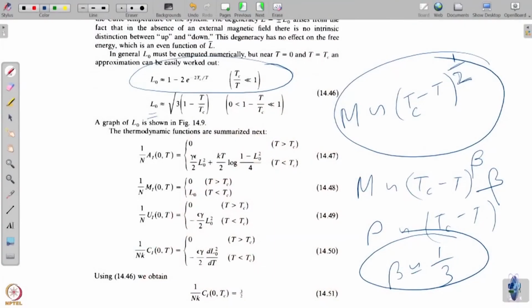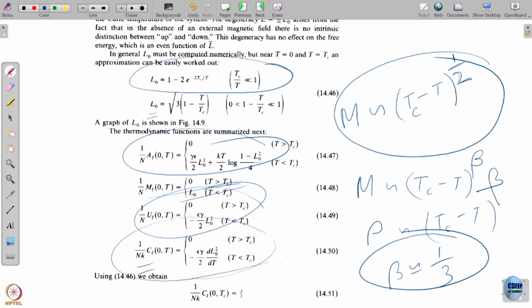Now here the thermodynamic functions are summarized. This is the magnetization, the L naught, this is the free energy, and then as I said, the magnetization. This is the internal energy, and this is the specific heat that behaves in the following fashion.